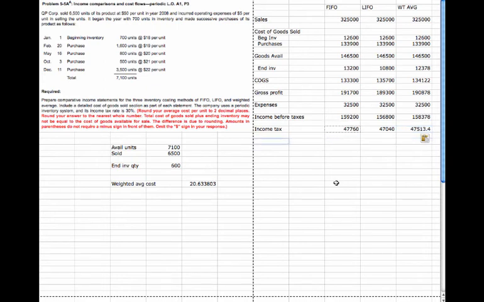Therefore, my net income is going to be my income before taxes minus my income tax. So under FIFO, I'll have $111,440 in net income. If I do the same thing with LIFO, I'll have $109,760 in net income. And finally, in my weighted average, I'll have $110,865.